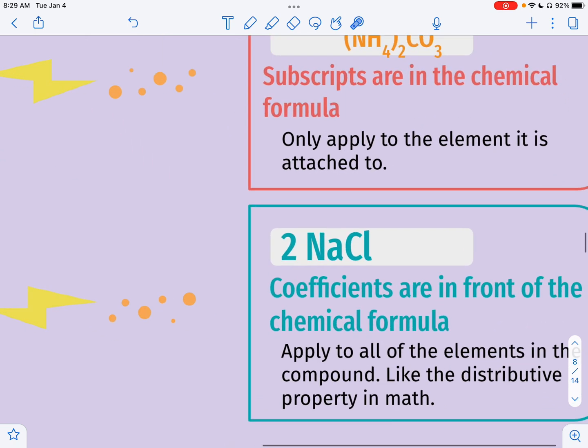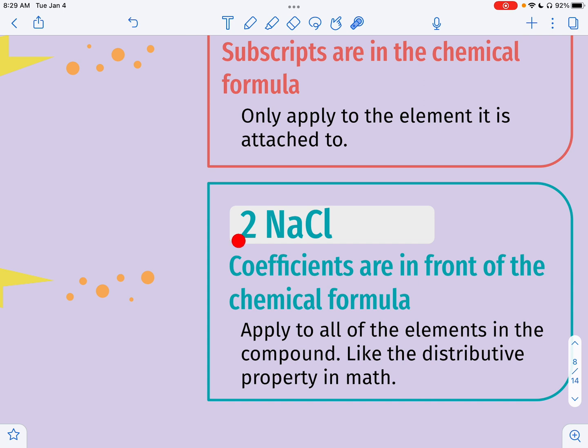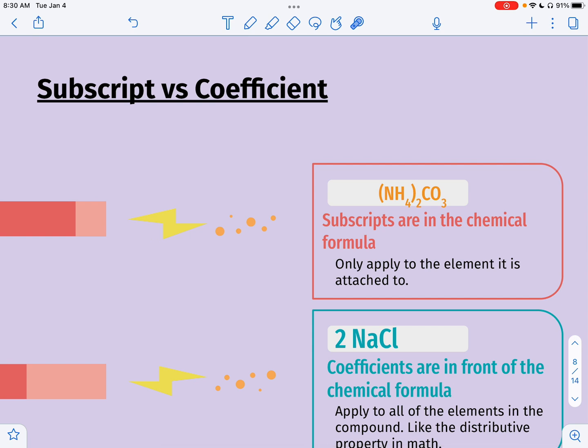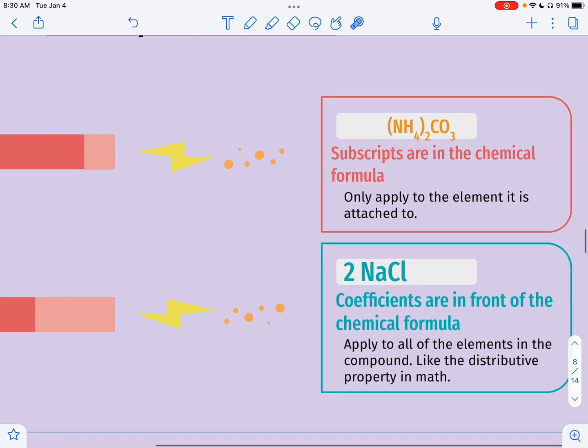A coefficient, however, is a number that is in front. In this case, there's a 2 for the coefficient, and it distributes to everything that comes next. So it applies to all of the elements in that compound, much like the distributive property in math. So coefficients are in front, and subscripts are next to the elements, in the subscript font and format that you'll be looking at.